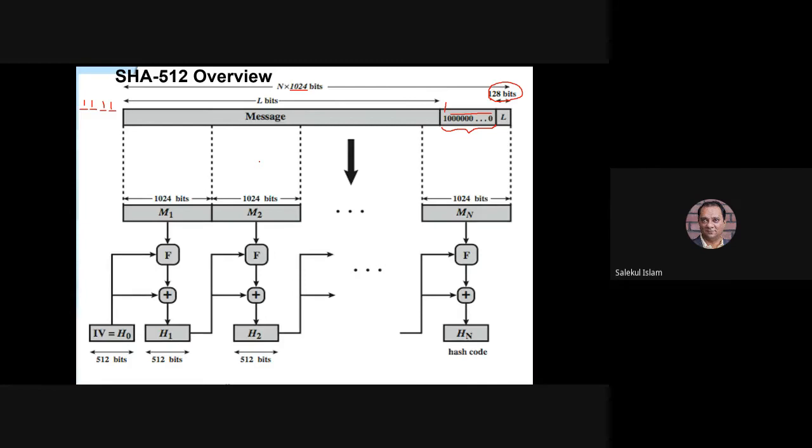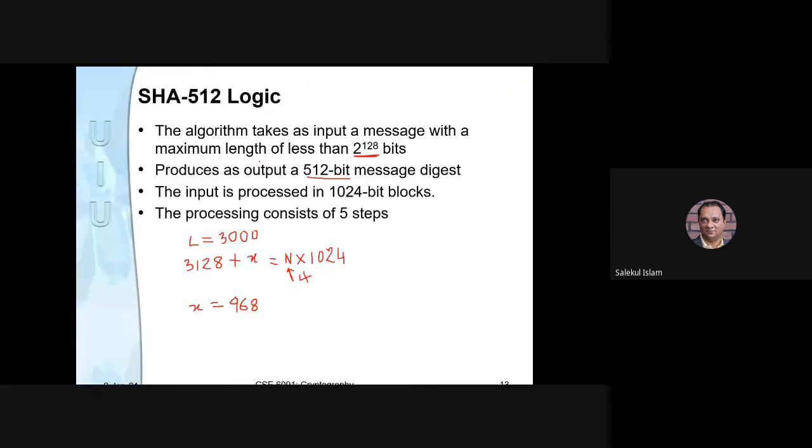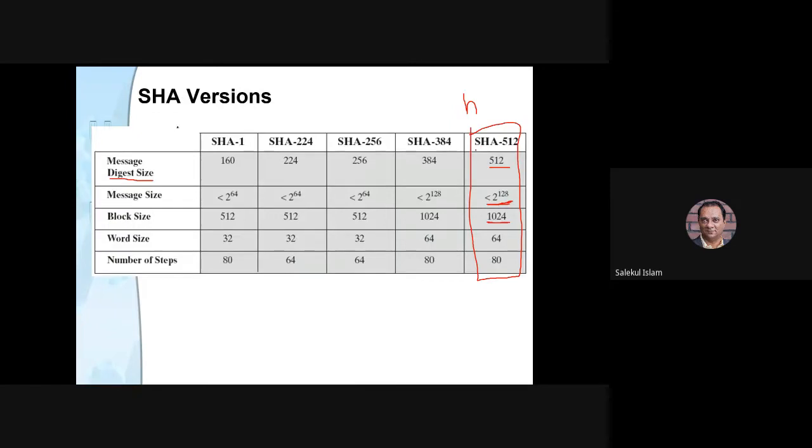If I write 128 ones, what will be the minimum value here? The minimum value will be 0. And what will be the maximum value? The maximum value will be 2 to the power 128 minus 1. That's why they have written that the maximum message size is less than 2 to the power 128.